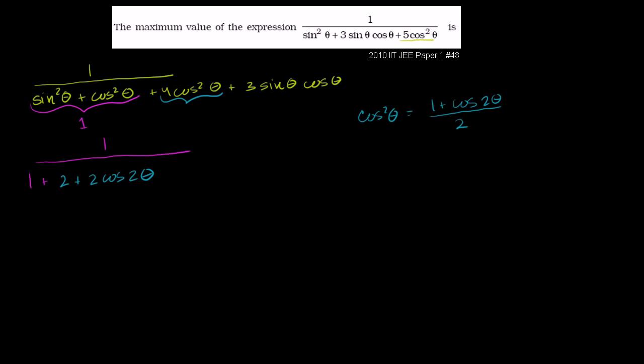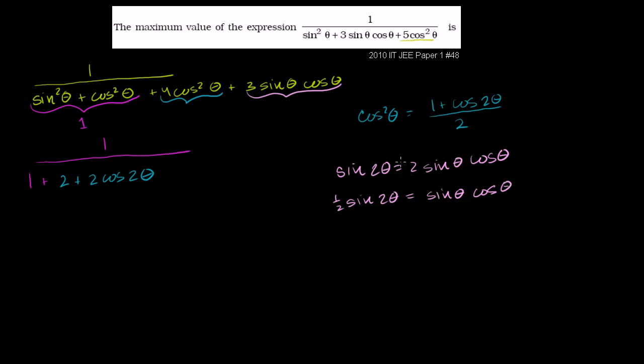And then this term right over here, we could use the trig identity that sine of 2 theta is equal to 2 sine of theta cosine of theta. If you divide both sides by 2, you get 1/2 sine of 2 theta is equal to sine of theta cosine of theta. So this part right over here is going to be 1/2 sine of 2 theta, but we're multiplying it by 3.